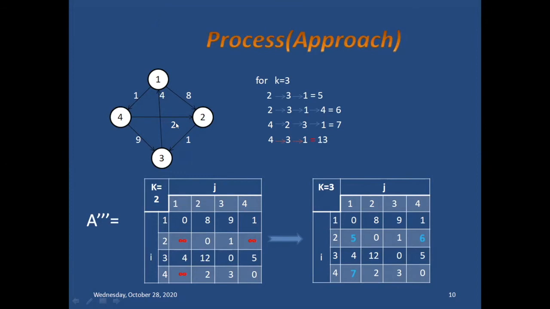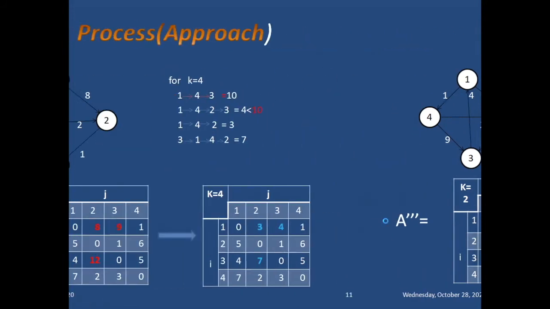We cannot receive it, because actually we can go from 4 to 2 to 1 by distance 7. So 7 is smaller than 13, so we receive 7 and put it in the matrix, and similarly we receive 5, 4, 5, 6 and put them in the matrix.